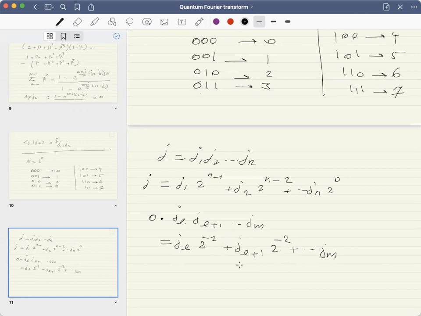So here we have to add 2 to the minus, I guess, m minus l. And I believe I need a plus 1 here.